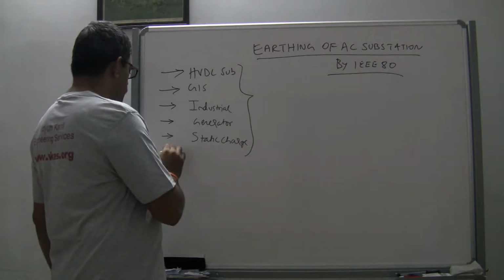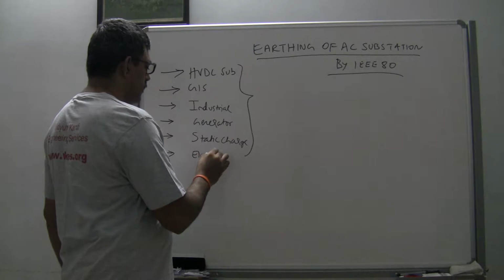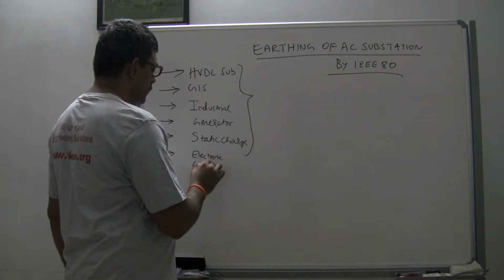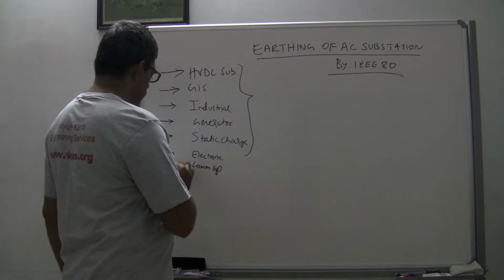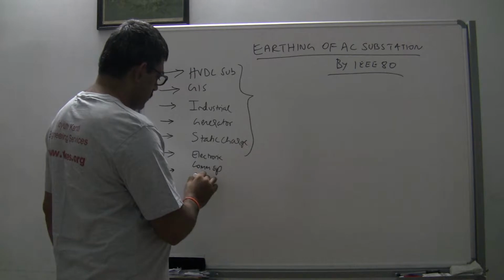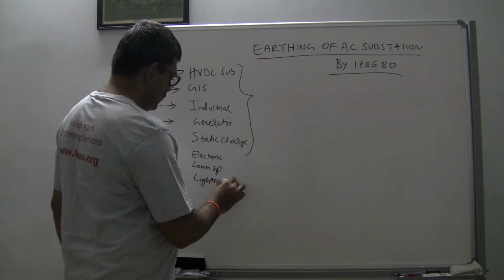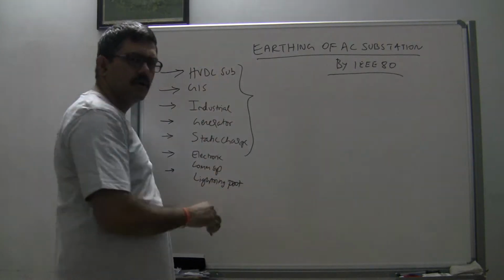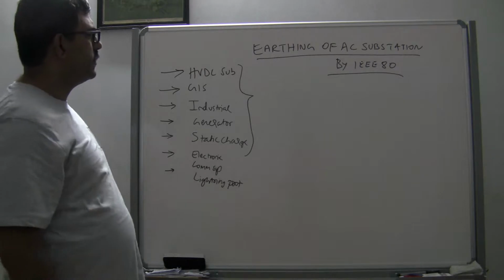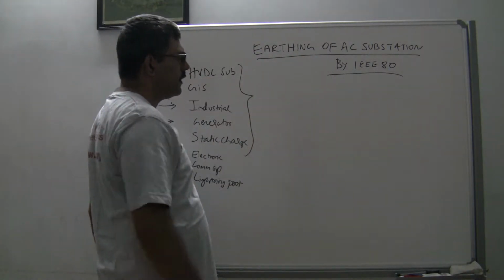And also some special earthing related to electronic earthing and earthing of communication system, then earthing done for lightning protection. Now these are not covered. So this will be covered in separate topics. Now let me come back to earthing of AC substation by IEEE 80.